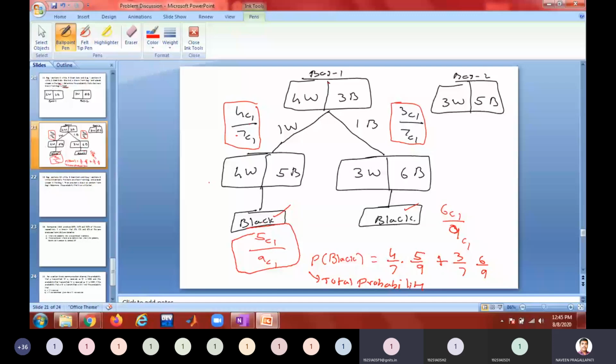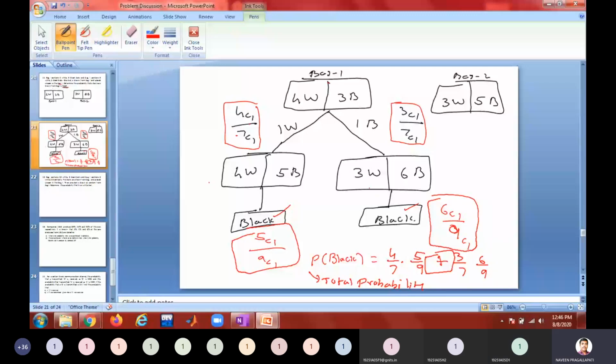Again, start from the root, reach the leaf. When you are walking along the path, multiply the probabilities. Is it okay?